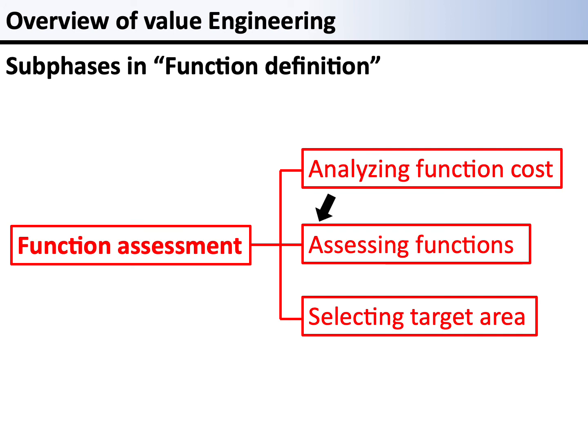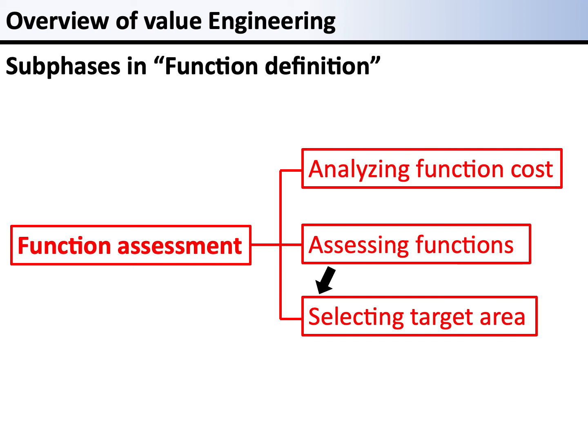At the subphase of assessing functions, each function area is assessed to specify the proper cost, which is the minimum cost possibly spent to achieve the function, to determine cost targets. At the subphase of selecting target area, we compare the current cost and the cost targets for each function area.